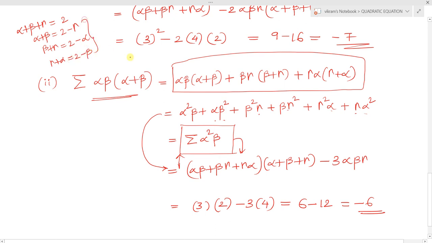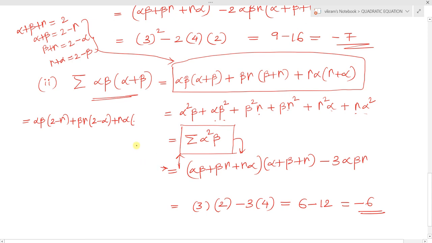Now replace in this step: alpha beta times alpha plus beta, which is 2 minus gamma, plus beta gamma times beta plus gamma, which is 2 minus alpha, plus gamma alpha times gamma plus alpha, which is 2 minus beta.